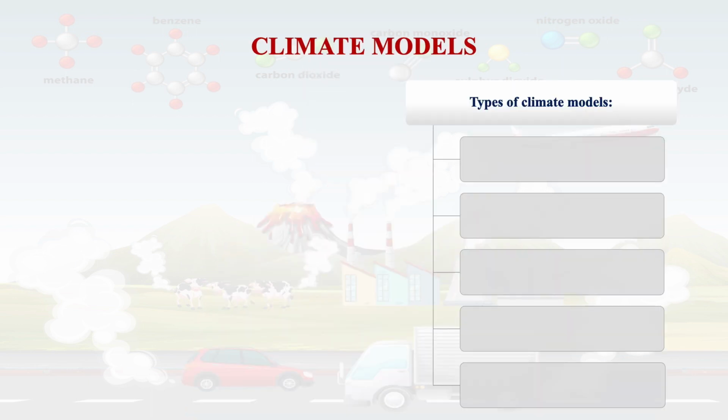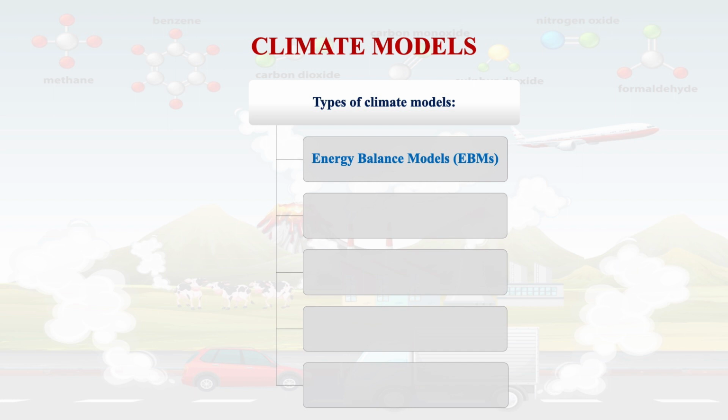Having talked about the climate models, let us see different types of climate models. The first and foremost climate model is the energy balance model. These energy balance models calculate the surface temperature as a variable for climate by considering the balance between the incoming solar energy and outgoing radiation in the form of heat released back to space.